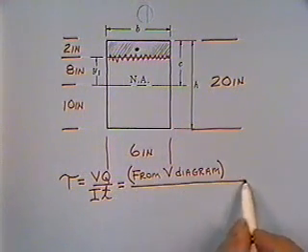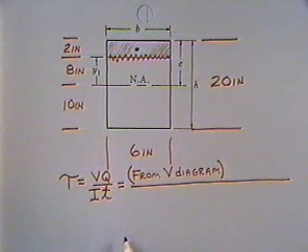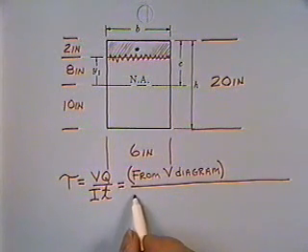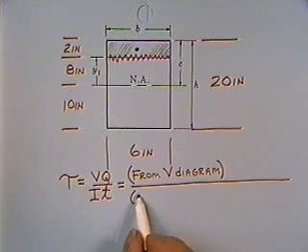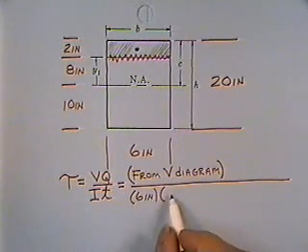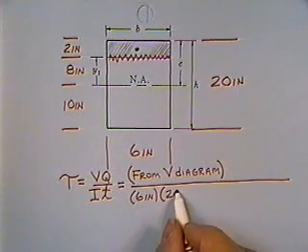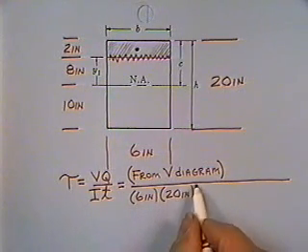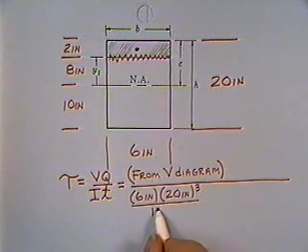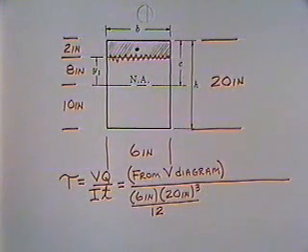The moment of inertia is the moment of inertia of the whole mess about the neutral axis. It will be base, 6 inches, times height, 20 inches, that number cubed, BH cubed over 12. That's the moment of inertia of a rectangle about its own centroid, about the neutral axis.